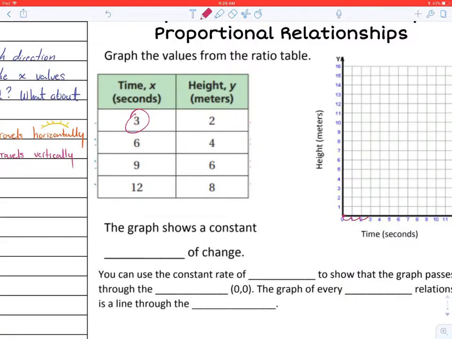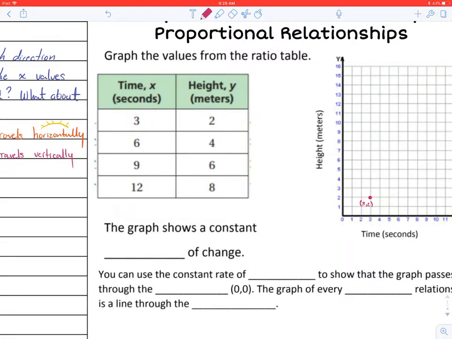I'll go 3 to the right, 1, 2, 3, and that's my x value. But I also need to go up 2 on my y value. So I'm going to go 3, then up 1, 2, and my point is going to be right here: 3, 2. 3 representing the x value, and 2 representing the y value.